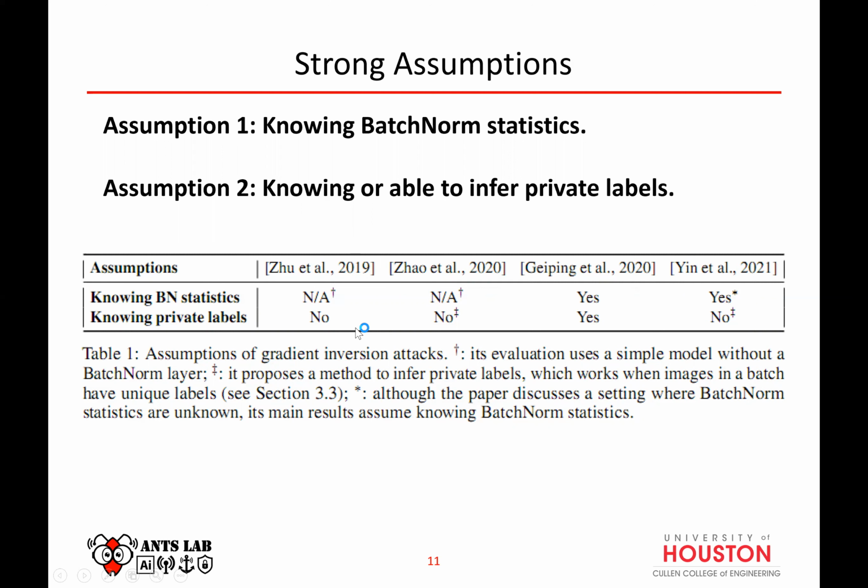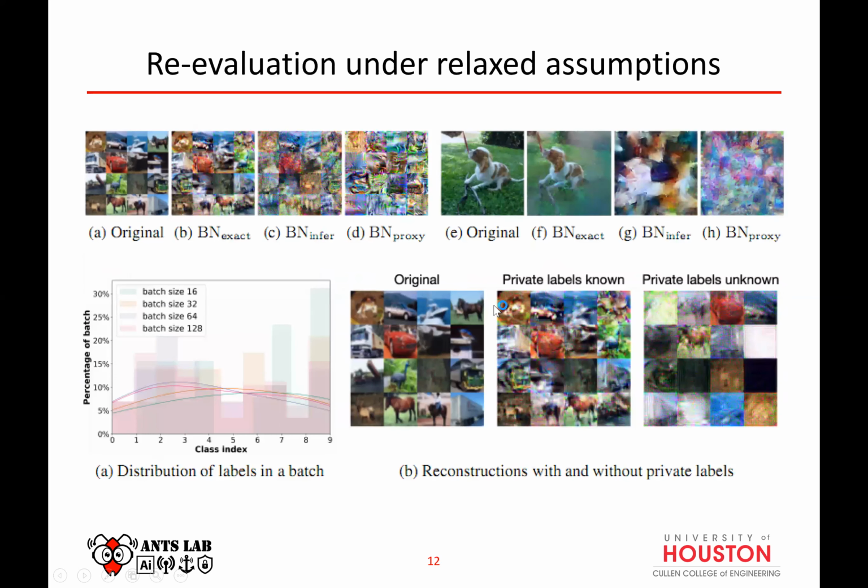They only know, like in this paper, the batch norm statistics, or they don't know anything. I mean, when we talk about the attacker, we assume the attacker is strong, right? You mean the normal attack or the attack in this paper? I mean the general one, not the inference attack in this paper. For the general one, we assume the attacker knows all the labels, right?